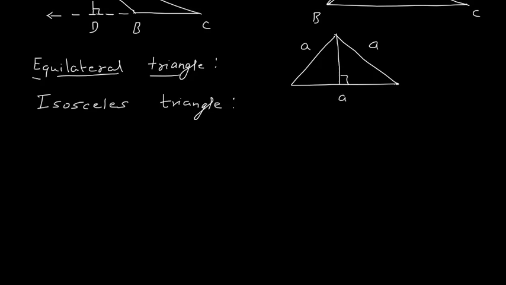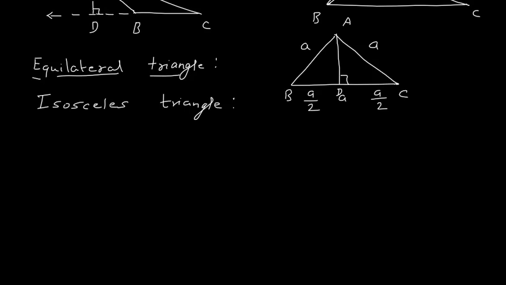This perpendicular will divide the base into equal parts. So this part BD and this part DC will be the same, and they are equal to A by 2 and A by 2. I know this length AB, which is A. So using the Pythagoras theorem I can find AD.